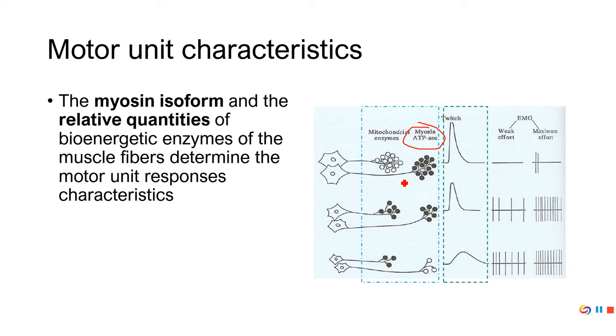What's also important is the specific type of enzymes that are in the motor unit or in the muscle fibers themselves. Certain enzymes are predisposed to help with anaerobic metabolism, and certain enzymes are predisposed to help with that oxidative or aerobic metabolism. And so ultimately, this is what determines what kind of motor unit there is.